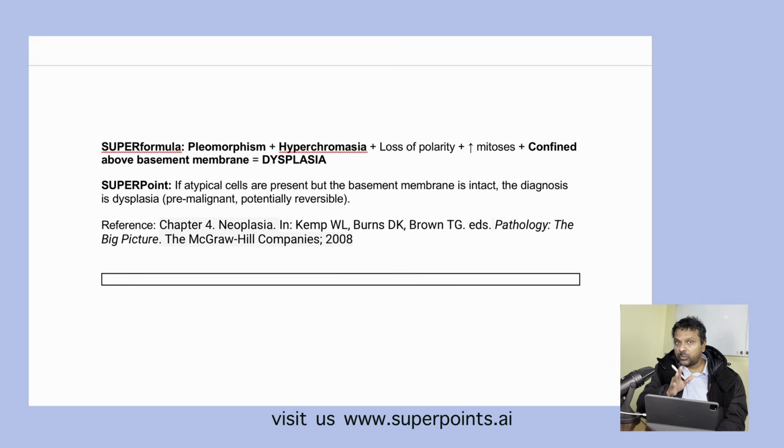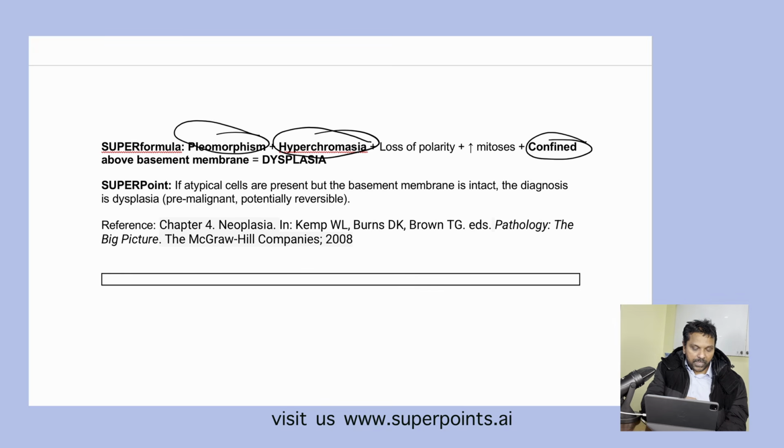If you remember super formulas, you can answer these questions in a few seconds. For example, if you see pleomorphism, hyperchromasia, and confined above basement membrane, if you see those three keywords, you can go directly to dysplasia. All right. Try to remember those keywords.